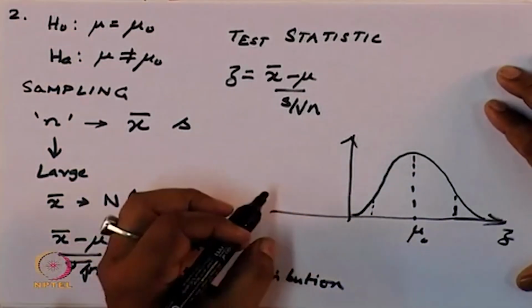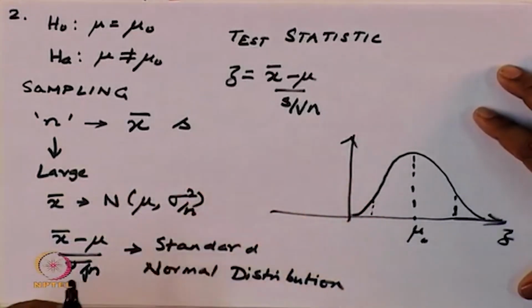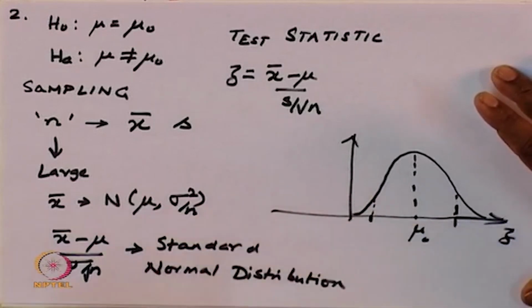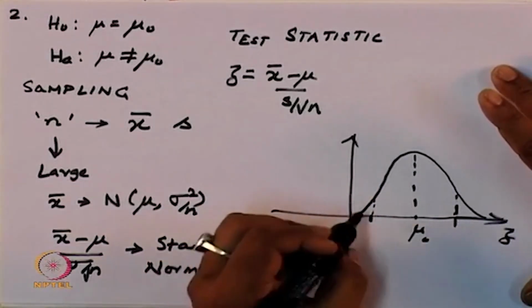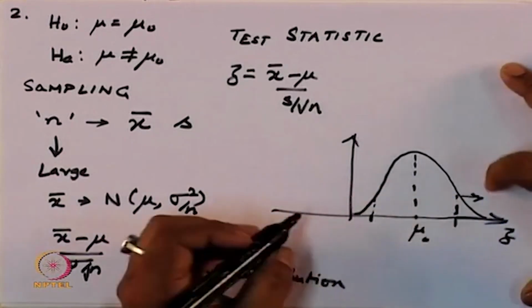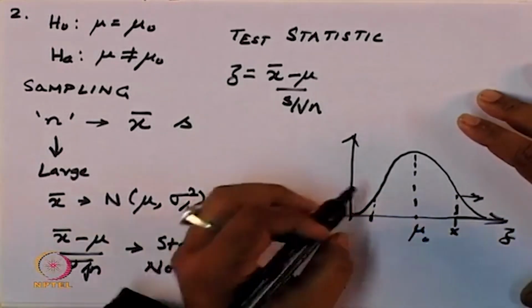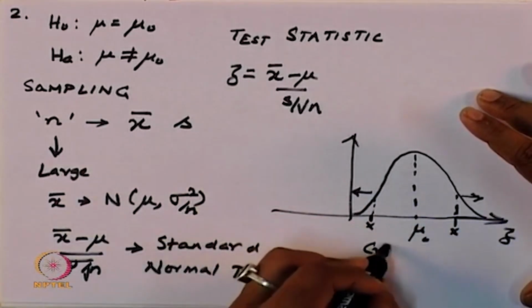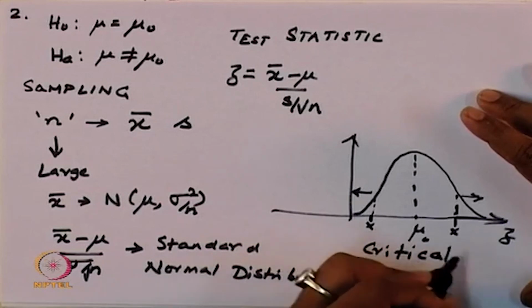You decide based on what is called a rejection region. For a two-tail test the rejection region is when your value of z is either greater than this particular threshold or less than this threshold. These values are called the critical values.